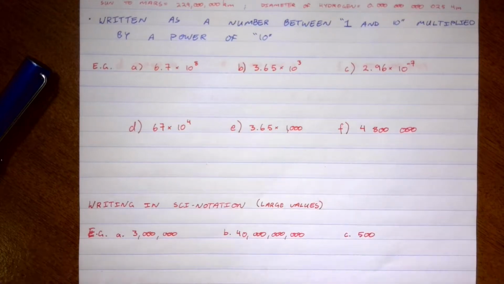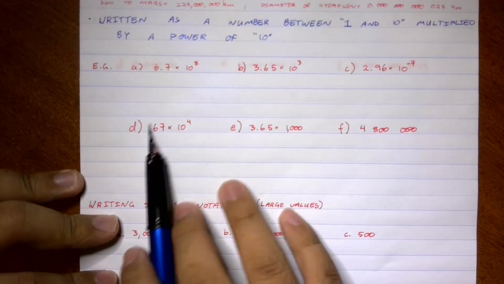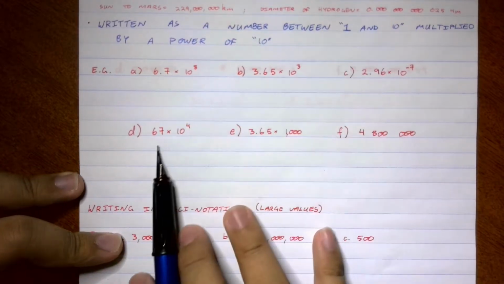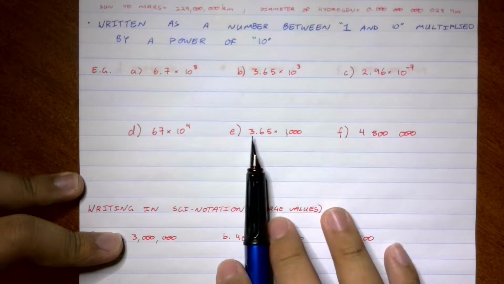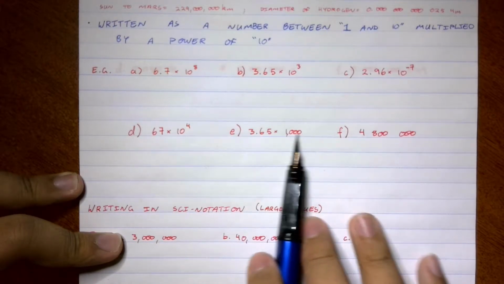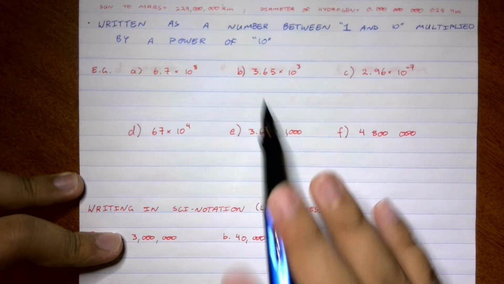D, E, and F are three examples of numbers that are not in scientific notation. The reason for this is that the first number is not between 1 and 10. It has to be between 1 and 10. For this one, the first number is between 1 and 10. However, its multiplier is not a power of 10.